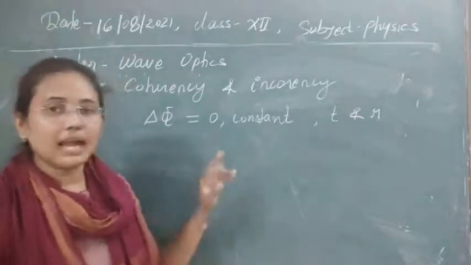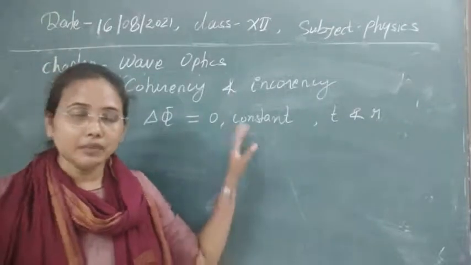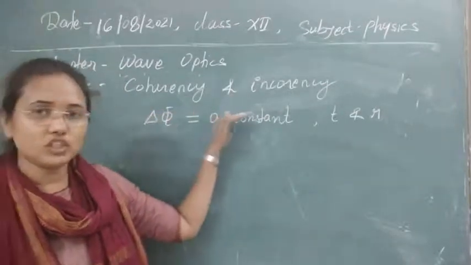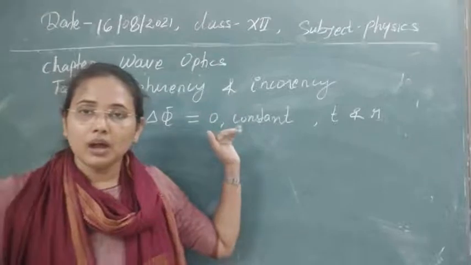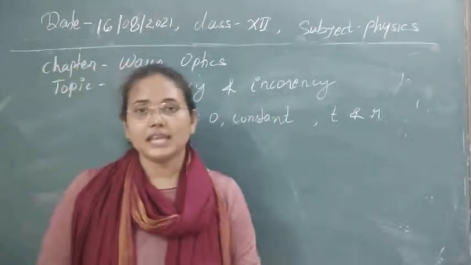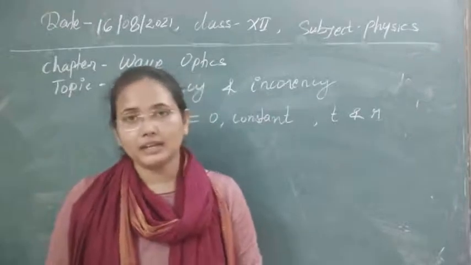So waves can be of two types: the phase difference of the wave can change, or it can be constant or 0. For this case, we call them coherent waves.